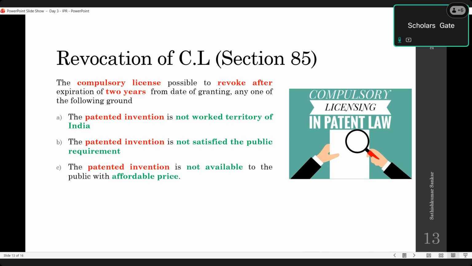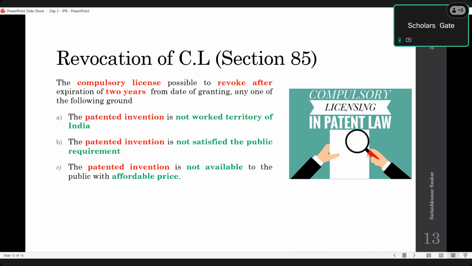The compulsory license expires after the 2 years. So within 2 years you should satisfy the following requirements, or one of the requirements, one among these.